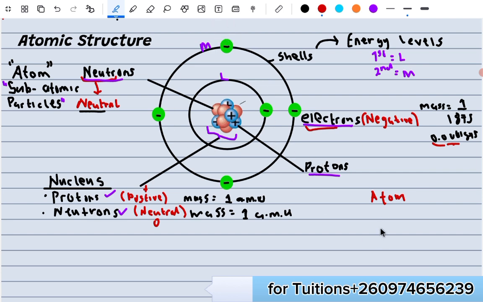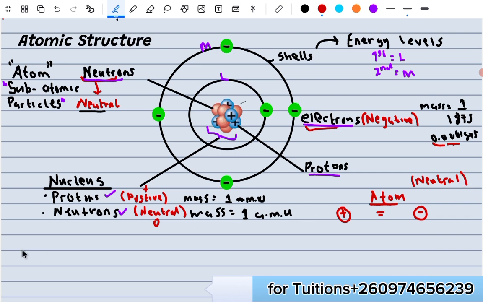It simply means that the positive charges are equal to the negative charges. When the positive charges are equal to the negative charges, the atom will be neutral, meaning the charges will cancel out each other.